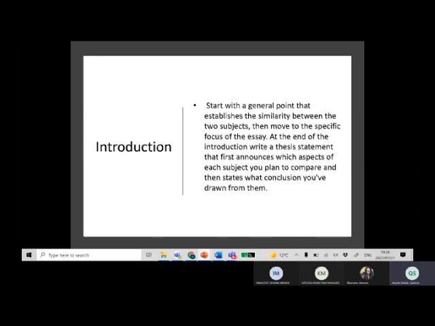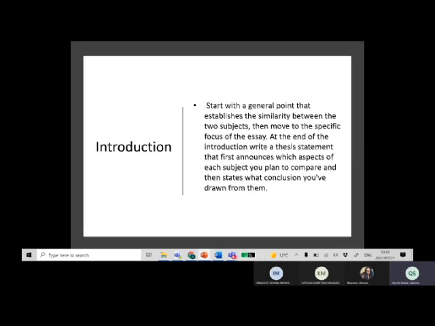Maybe give a brief introduction into capitalism, a brief introduction into communism, and then your thesis will state that this essay will be presenting both the similarities and the differences of communism and capitalism. And then it's very important that you move to stating the different aspects that you'll be looking at in terms of these theories.